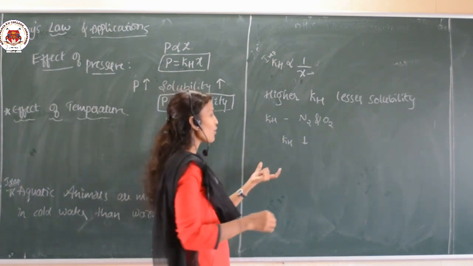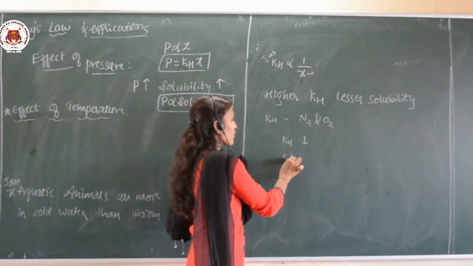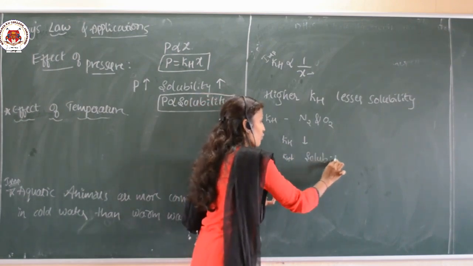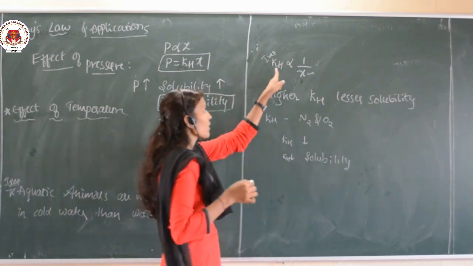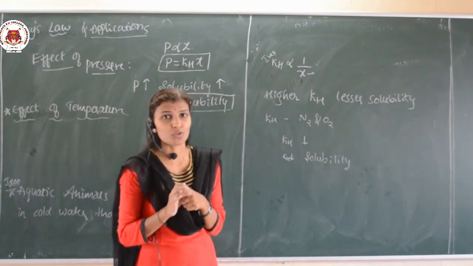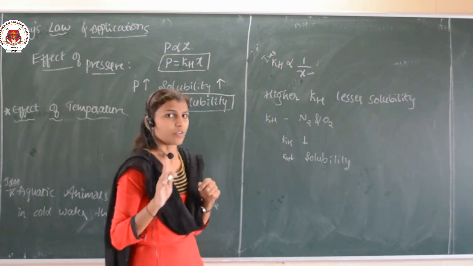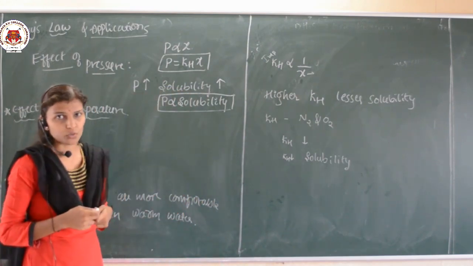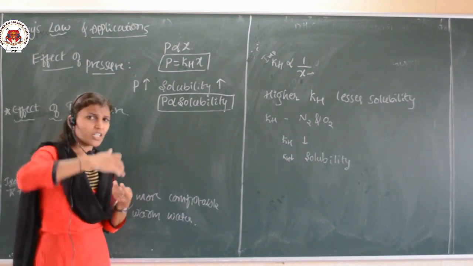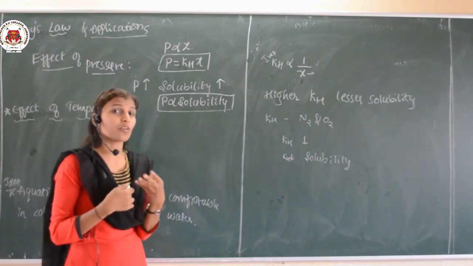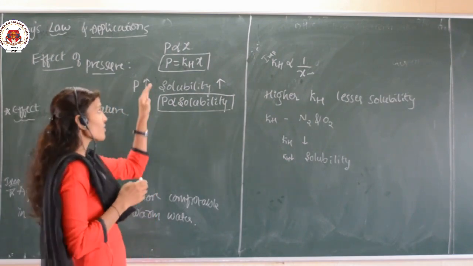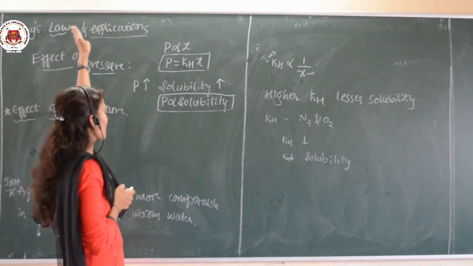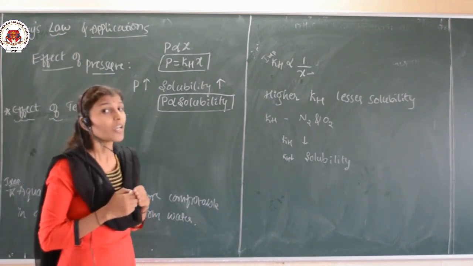If the KH is lesser, the solubility will be more. Pressure is directly proportional to solubility. As the pressure increases, the gas becomes more and more soluble. That is the relationship between the pressure and the mole fraction, which was quantitatively given by the scientist Henry.